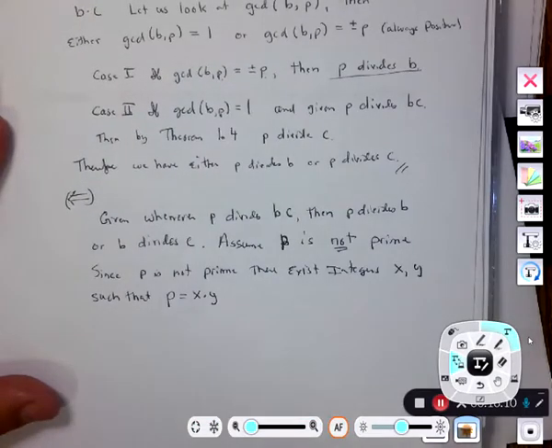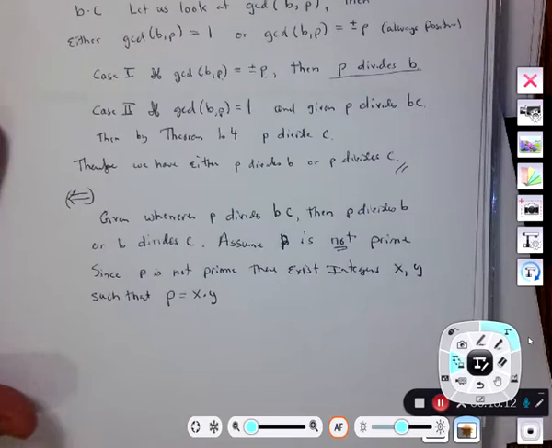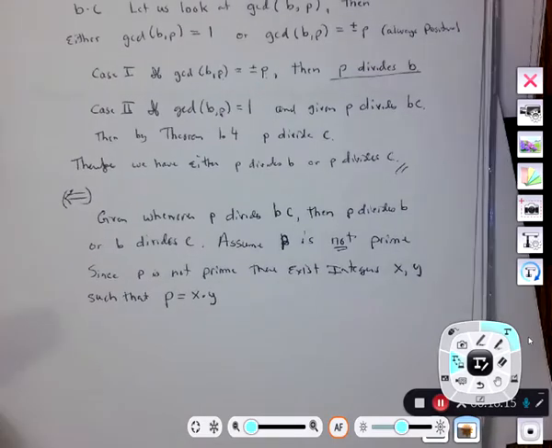So if it's not prime, these are integers and they're not going to be 1, they're going to be bigger than 1, such that P is equal to x times y. It factors.